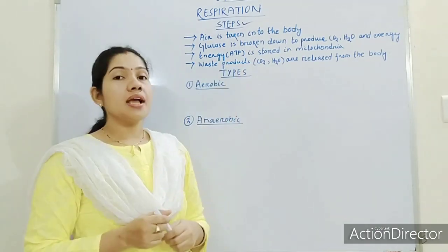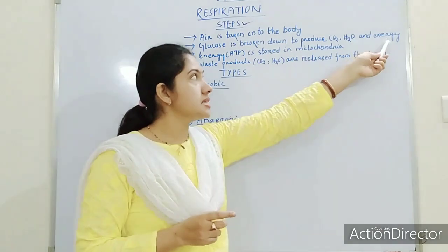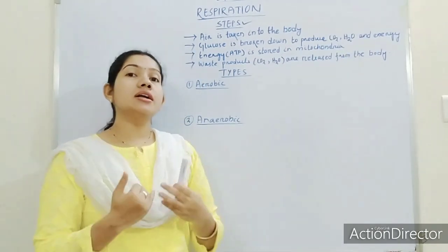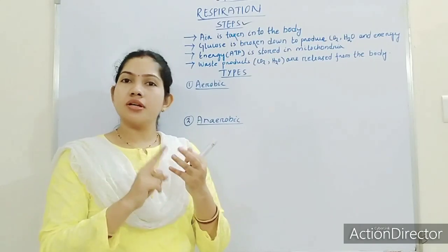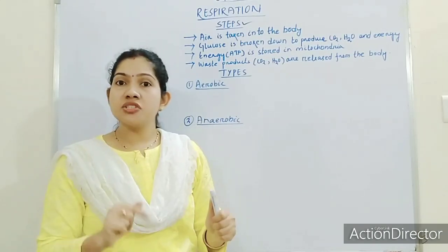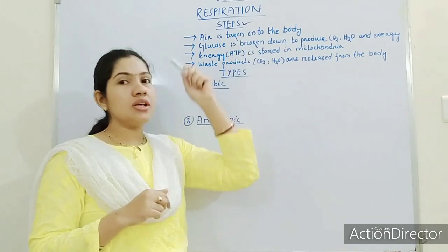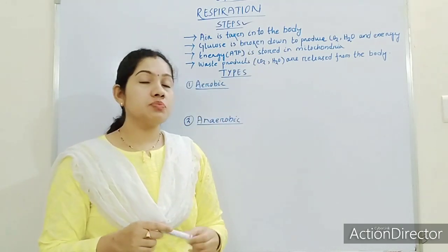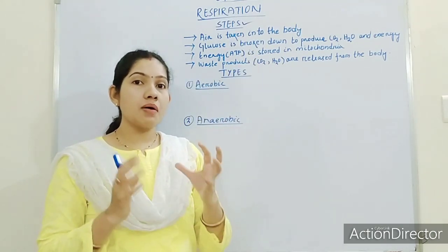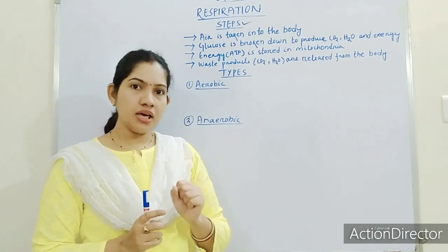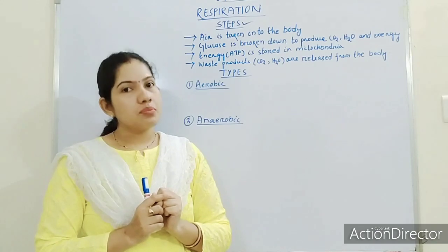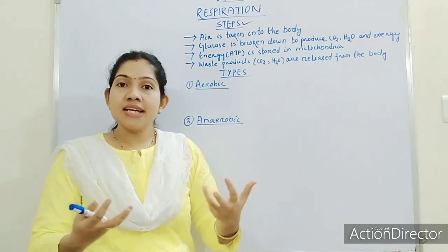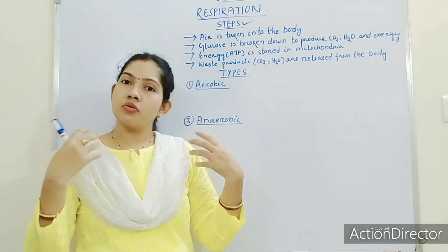Next, energy is stored. By the breaking down of glucose, what is released? Carbon dioxide, water and energy. That energy formed will be stored inside our body. Which one is the storehouse or powerhouse of our body? Mitochondria. Mitochondria helps in the storage of most of the energy of our body, and whenever our body needs it, mitochondria will provide energy.